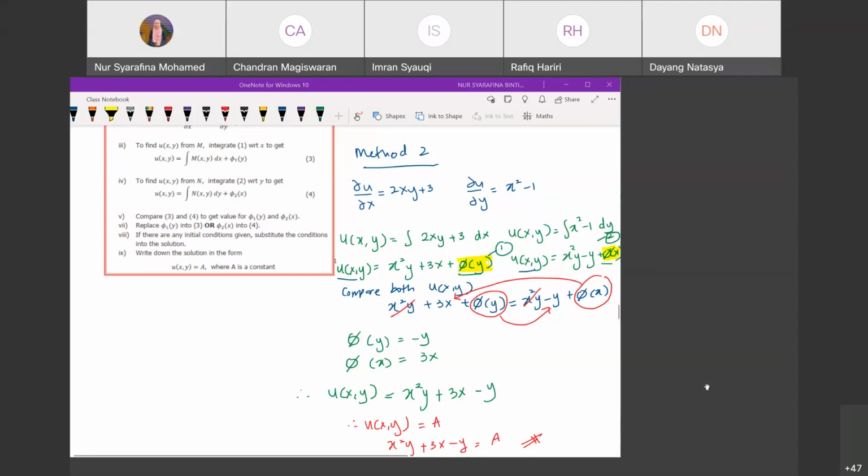All right. So referring to the notes, it is mentioned that if it is non-exact, then what should we do?